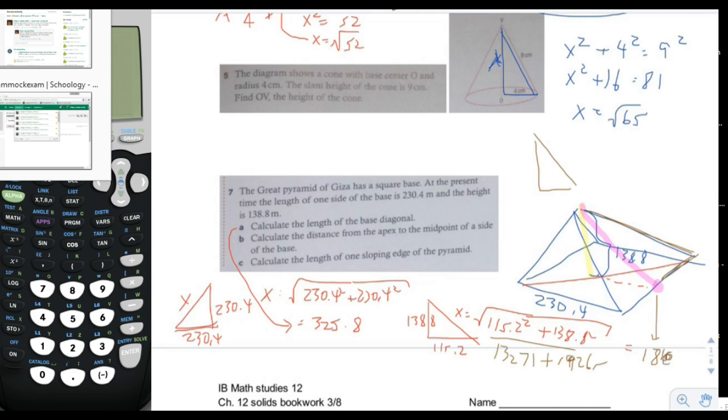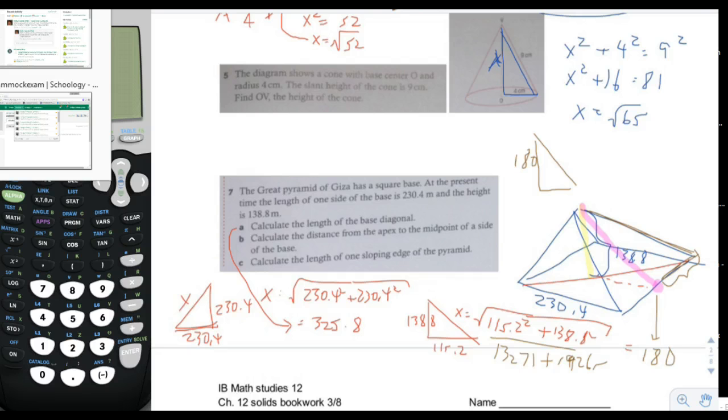Okay, and then so this triangle here, the pink line is 180. And then this line here is half of 230.4. We already figured that out.